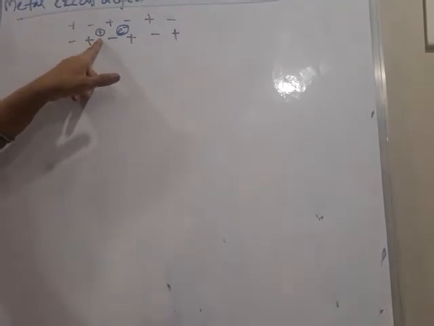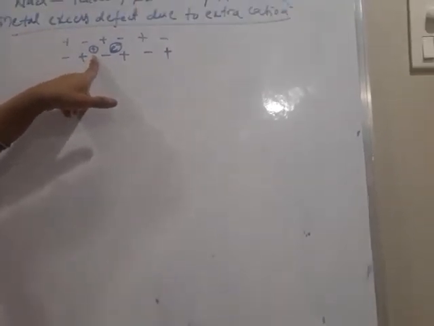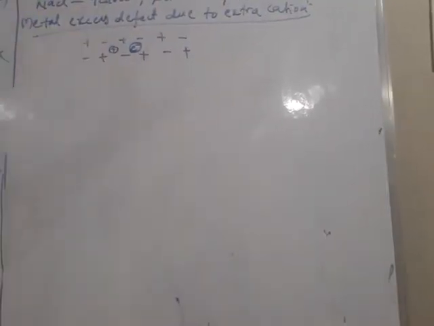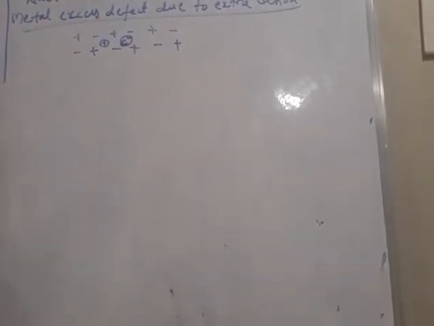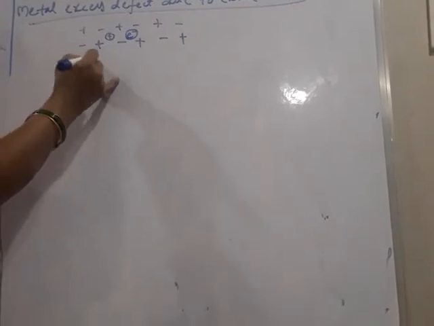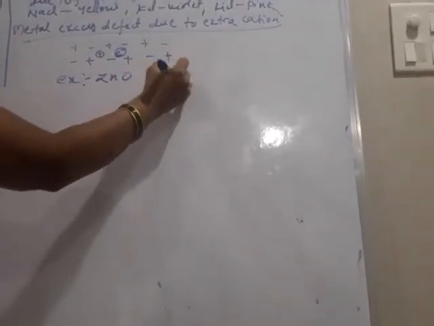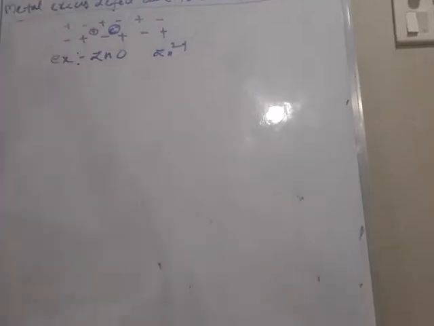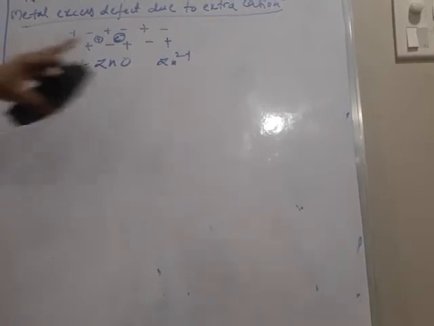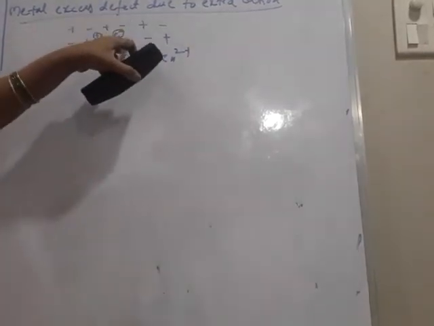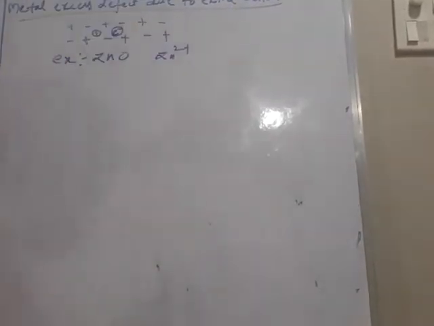It balances the extra positive charge. This type of metal excess defect is observed in zinc oxide. When zinc oxide gets heated, we get Zn2+ ions. The Zn2+ ions occupy the interstitial positions of the crystal and are balanced by the electrons present at the interstitial sites.